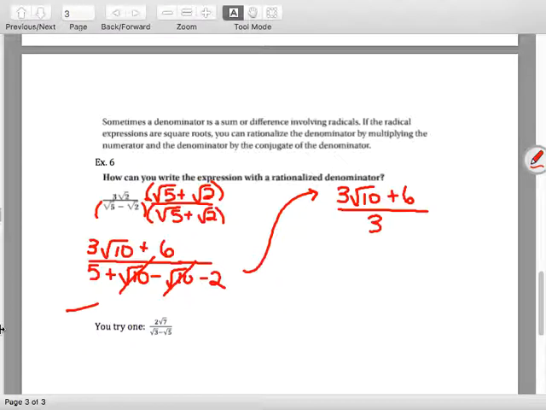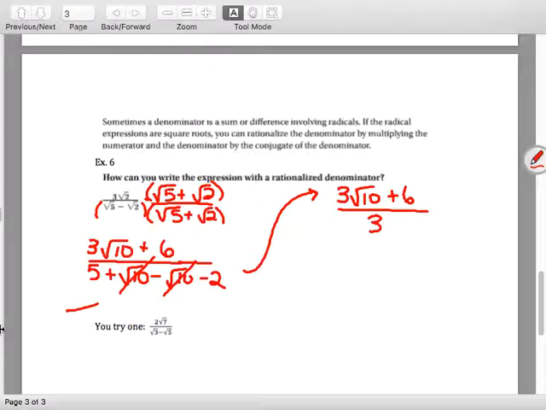So, actually, do you FOIL on the bottom row? Yes, you're foiling. So I took radical 5 times radical 5 is 5. The outer radical 5 times radical 2 is radical 10. The inner, now there's a minus sign. So radical 2 times radical 5 is minus radical 10.